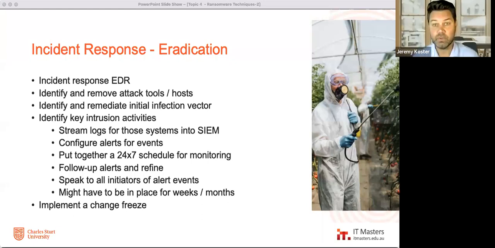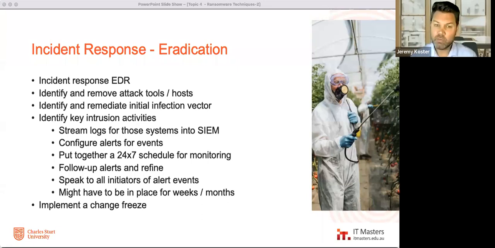If they come back and use that IP address again, you want to know about it. They might also have used a particular tool that you don't use in your environment. Configure an alert for that tool. If something like PsExec is used in your environment and you're not an organization that uses that tool regularly, then maybe you want to know about that. It's a key tool to move around in an organization.